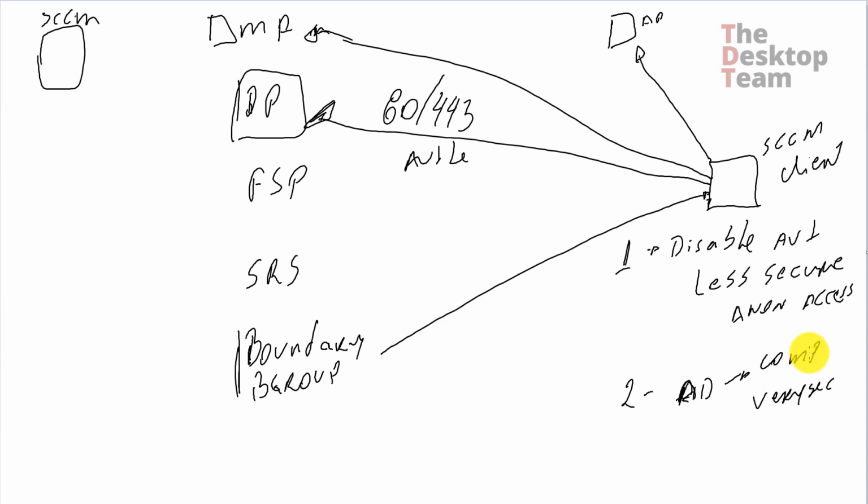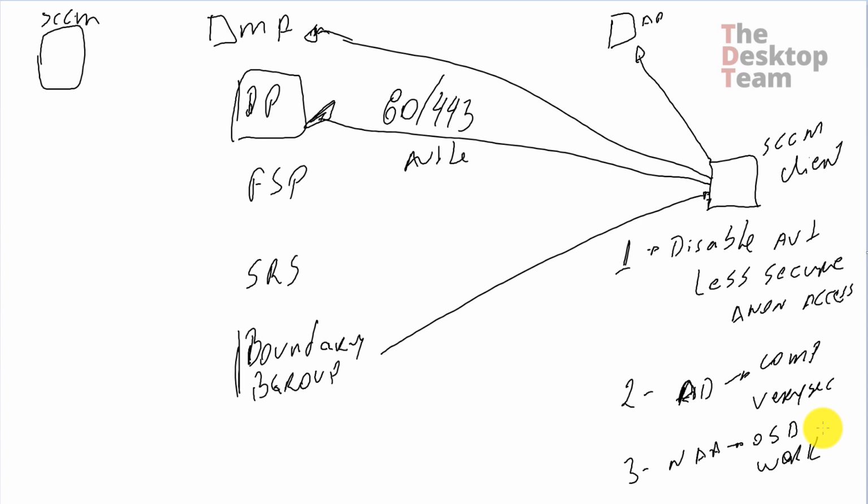And the third option, we use a network access account that has a username and password. It's not insecure, but it is not as secure as the Active Directory one, but it will allow OS deployment and will also allow workgroup machines.